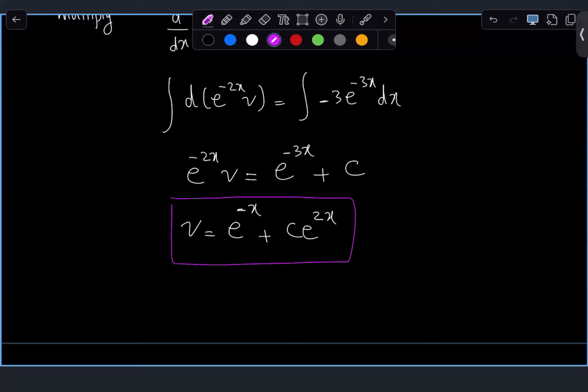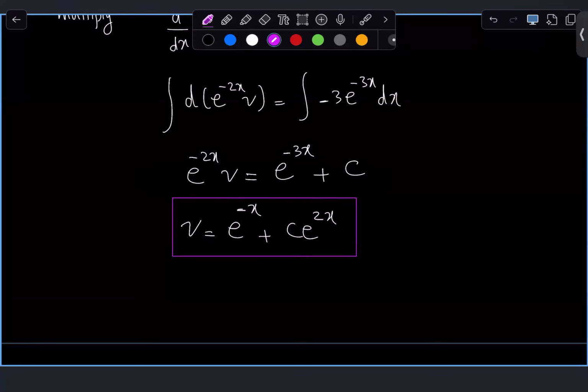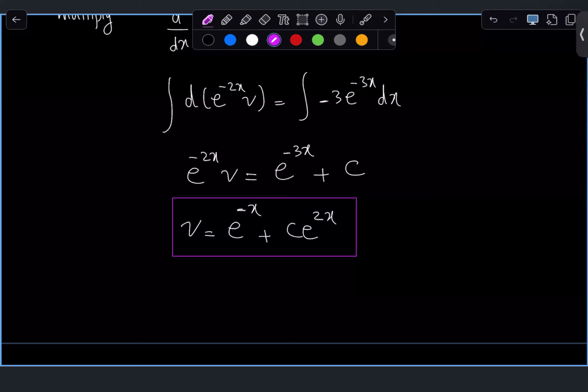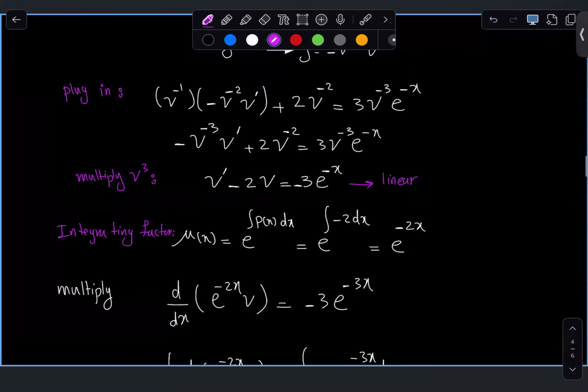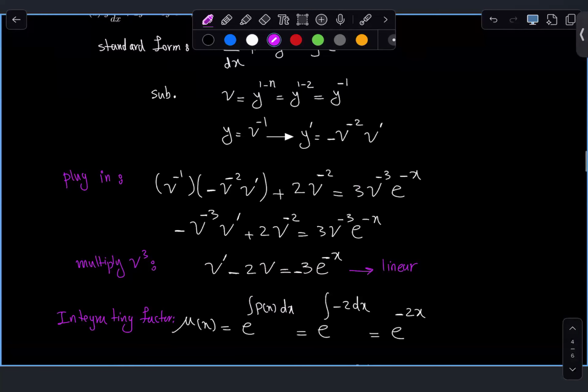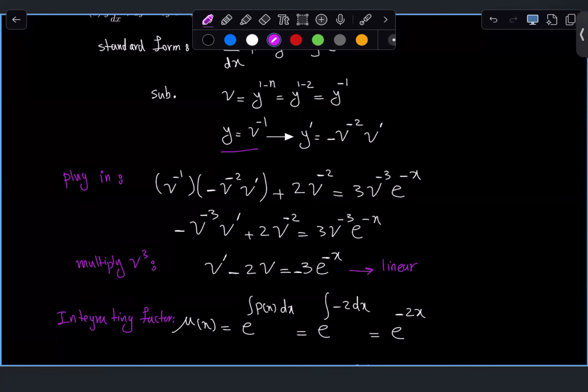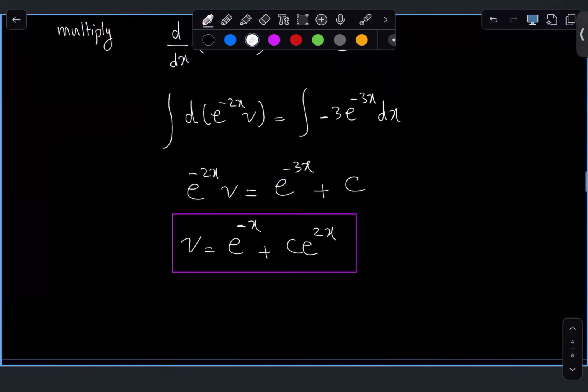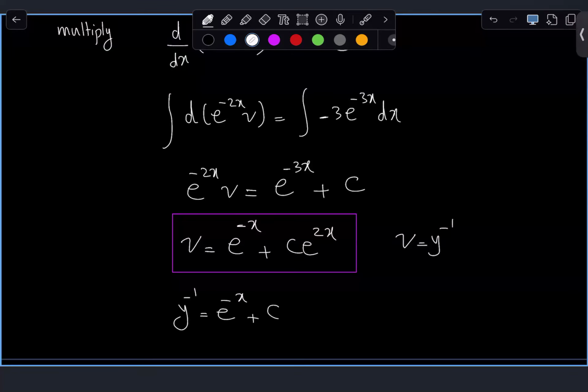Okay, we have found a solution for v, but v is not what we want to find. We want to find y, right? So now I go back and see what is the relation between y and v. Well, it's here. v is y to the -1. So basically we found y to the -1 is equal to this.